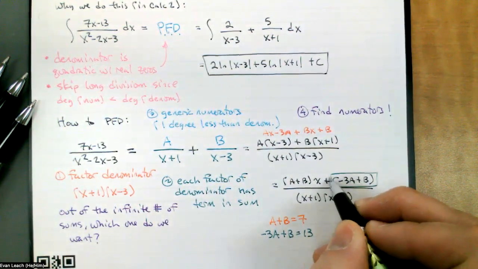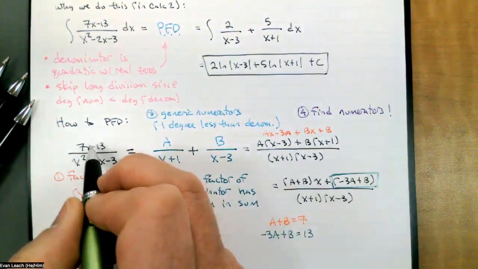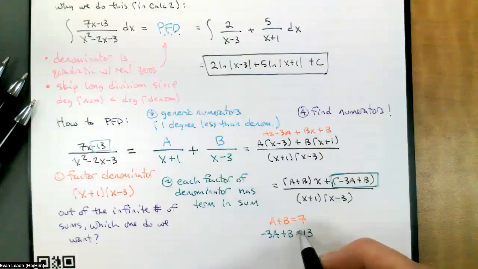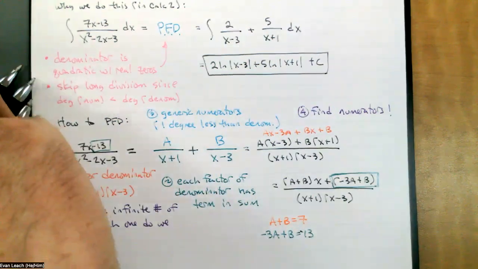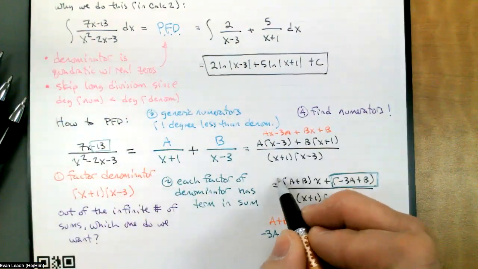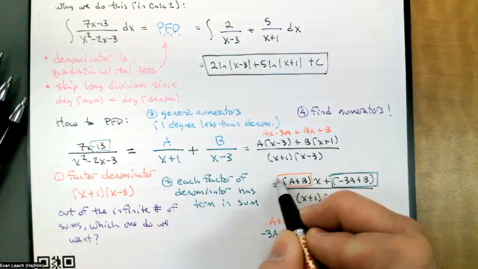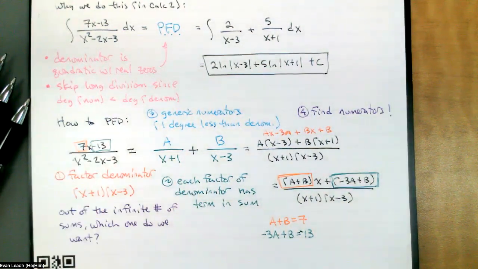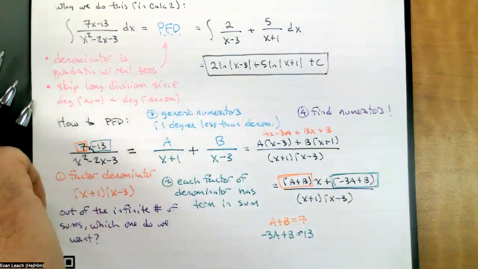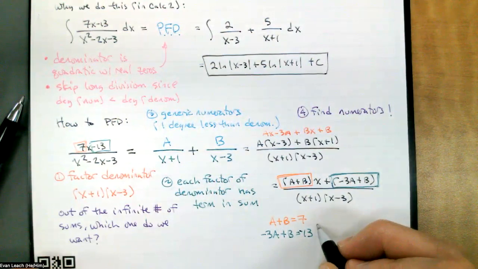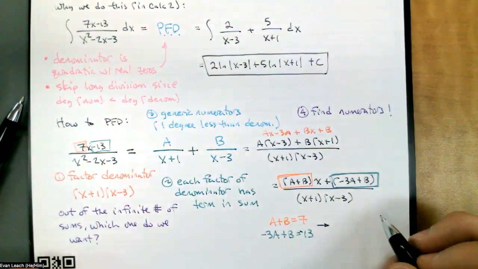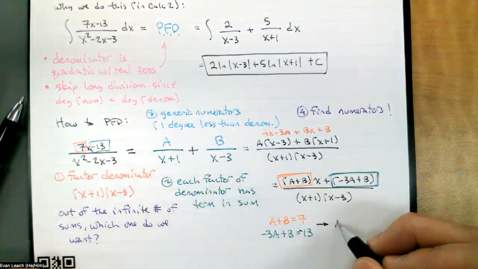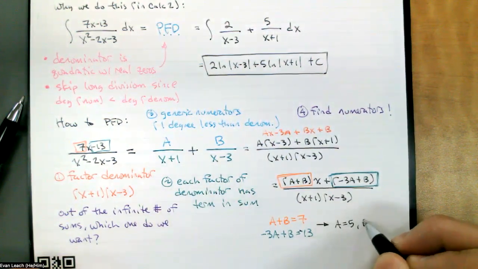The constant of the numerator must equal the constant of the numerator, negative 13. The coefficient of x of the numerator must equal the coefficient of x of the numerator. And this leads to the solution: A is 5, and B is equal to 2.